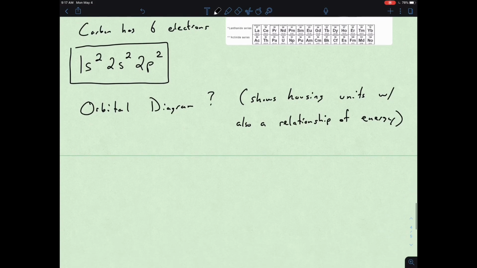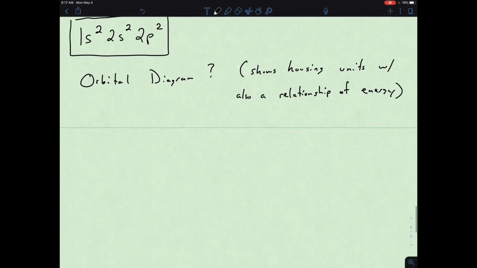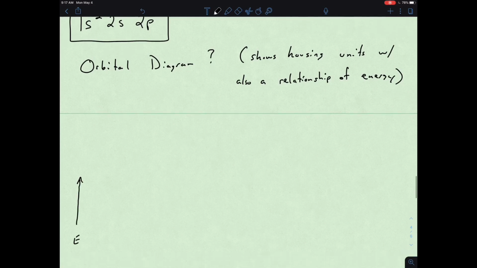So there are really kind of two ways that we do these orbital diagrams. One would look like this, where we have energy increasing up. The other is where it's more of a horizontal idea and energy is increasing from left to right.